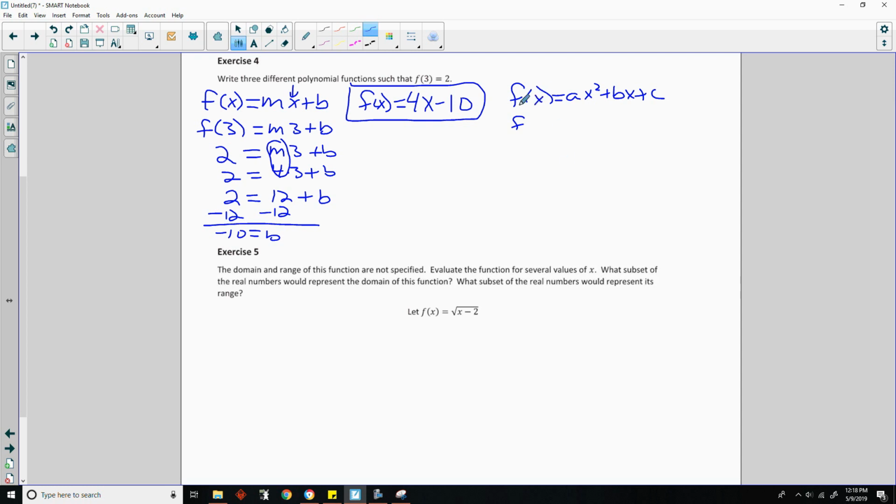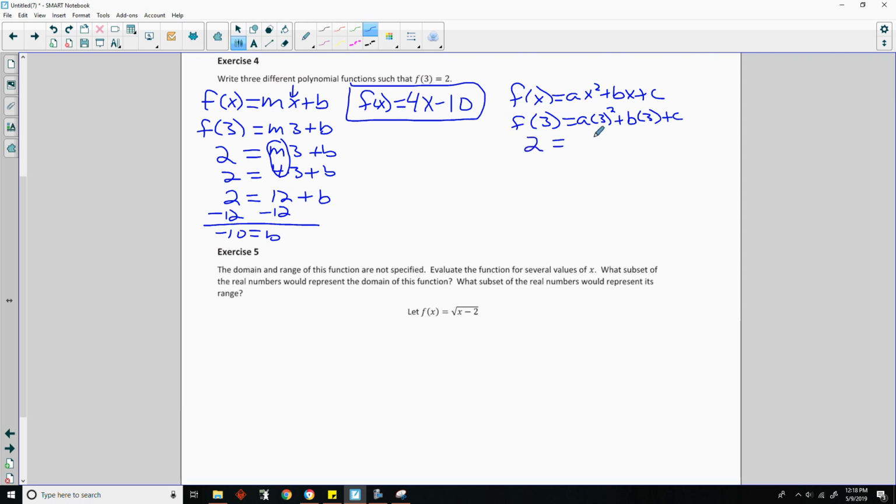So here's the quadratic. F of x equals ax squared plus bx plus c. We want f of 3 equals a times 3 squared plus b times 3 plus c, and we want that to equal 2.